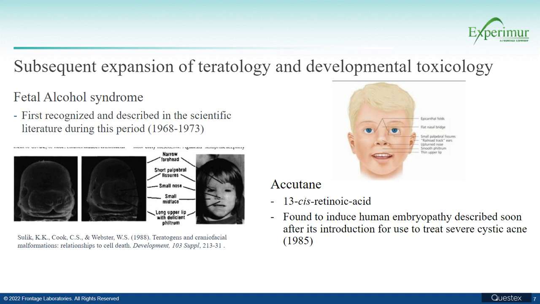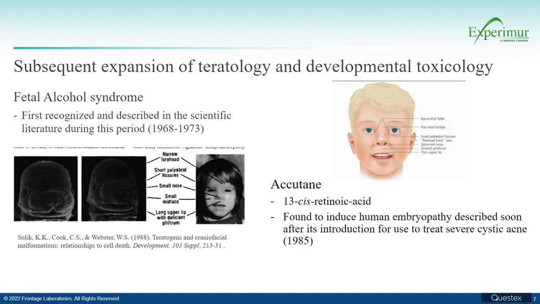So this is 1968 to 1973, and as I'm sure most of you know, fetal alcohol syndrome does have very characteristic craniofacial malformations. We've got a picture here showing that in a mammalian species as well as in a human.